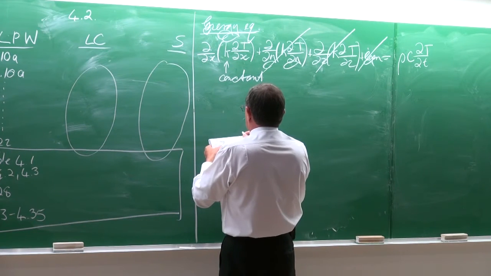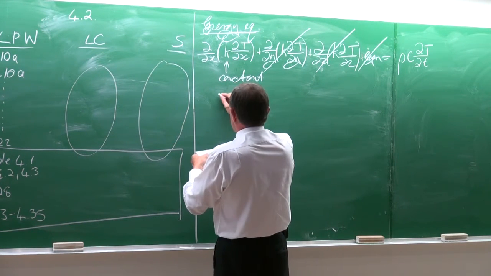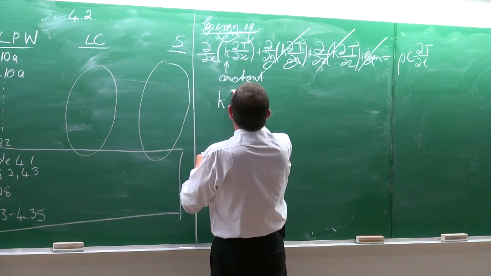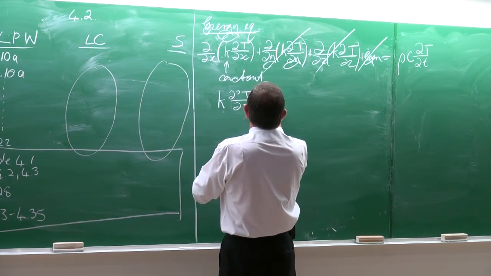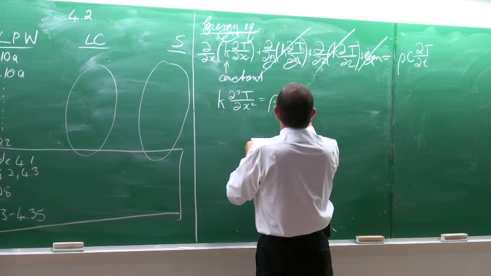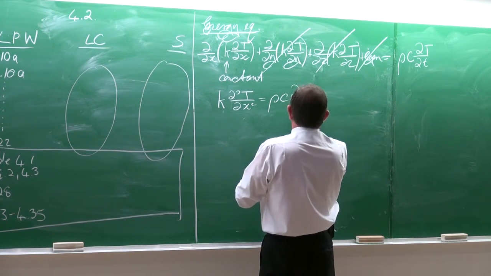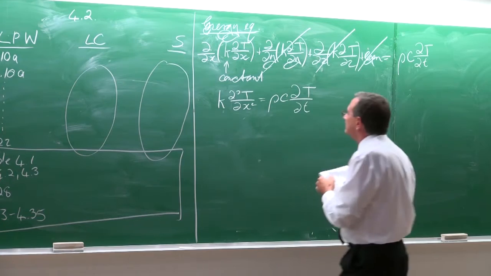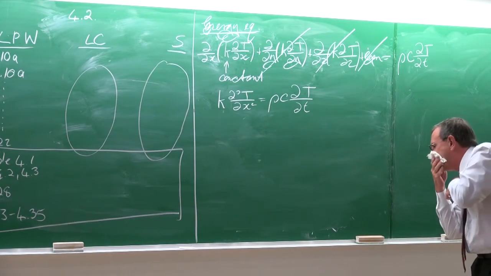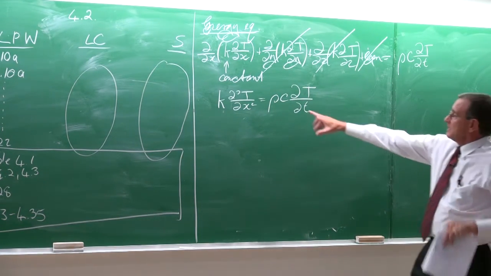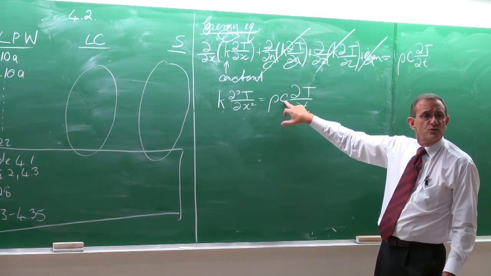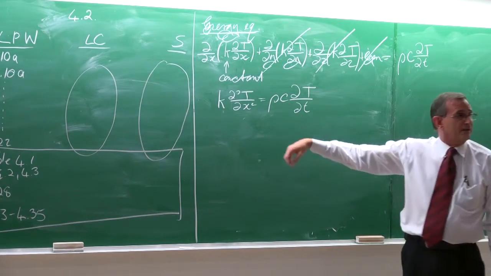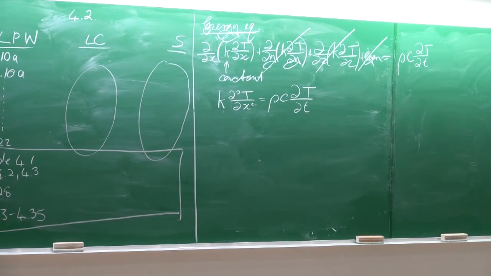Because of that, we can now say that k d2T/dx squared is equal to rho c partial dT/dt. Take note, at this stage this is not Cp or Cv, because we don't know if it is a solid or a gas, or if the process happens at constant pressure or constant volume.